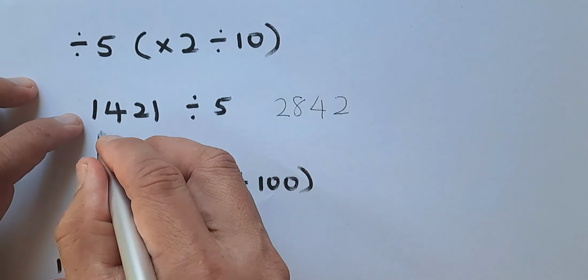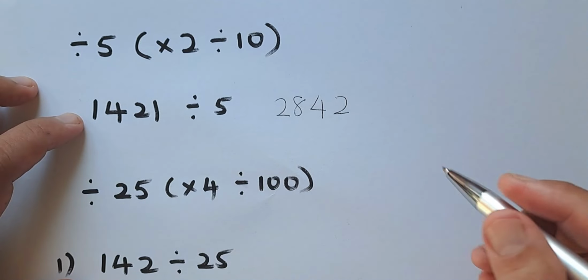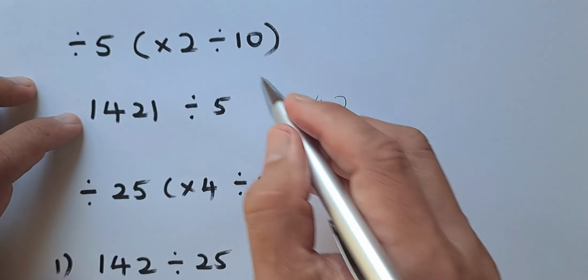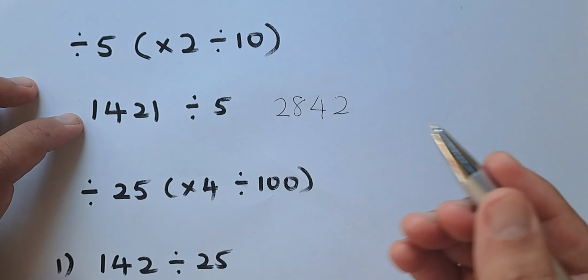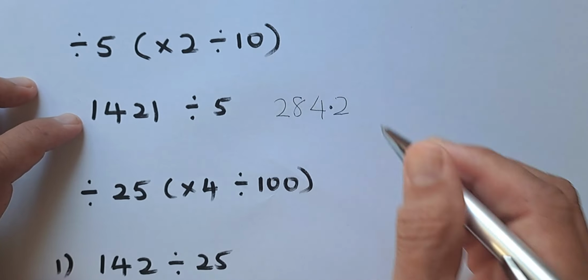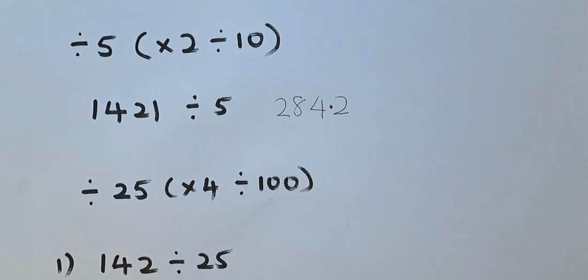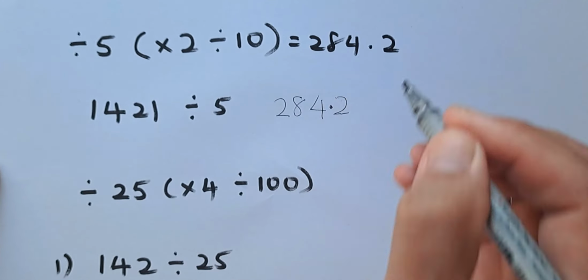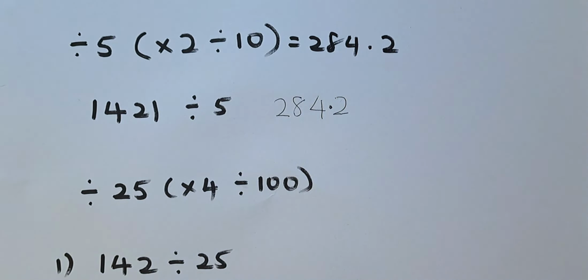So when you double 1421, it becomes 2842. And then you have to divide by 10. To divide by 10, you just move the decimal point from here, and the answer is going to be 284.2. That's pretty simple, right?